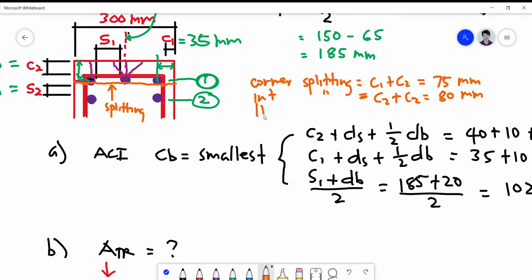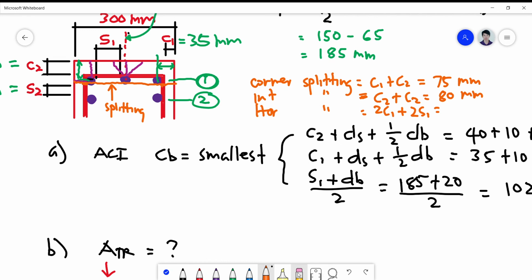And for horizontal splitting, this is simply 2C1 plus 2S1, okay, which is 70 plus 185. Okay, I'm sorry, there's something wrong with this.